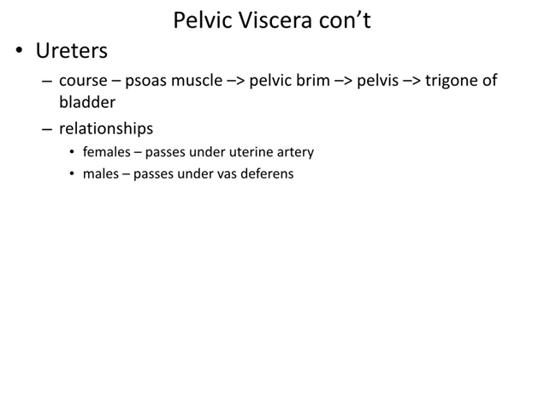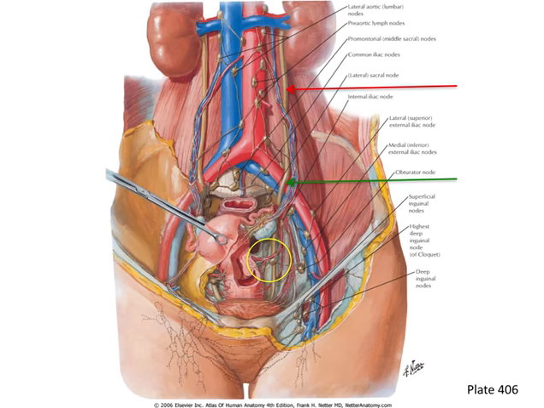All right, ureters. We talked a lot about them in the posterior abdominal wall, so you know the course in terms of going over the psoas muscle, traveling over the pelvic brim, highlighted by the green arrow, and then it dips down into the pelvis. In females, there's an important relationship of the ureter as it's going right by the bladder with the uterine artery.